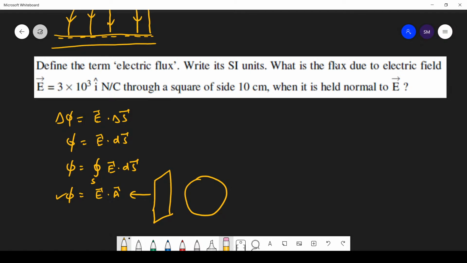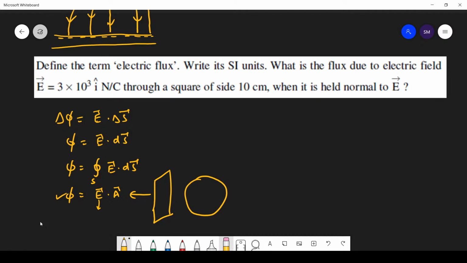So what is the flux due to the electric field? This is the electric field given to you through a square of 10 centimeter. The next part is, what are the SI units? What is the SI unit of electric field?